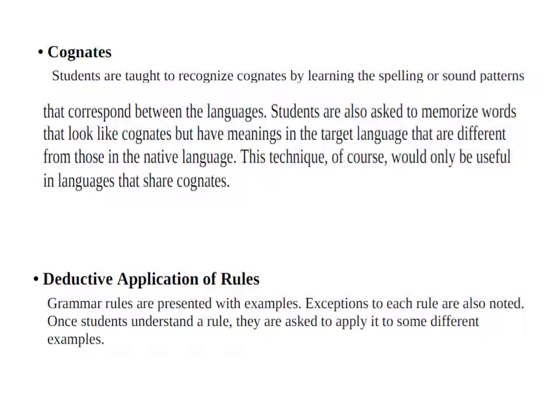Grammar rules are presented with examples. Exceptions to each rule are also noted. Once students understand a rule, they are asked to apply it to some different examples. So first, the students are supposed to understand the rule, to memorize it, and then to apply it to different examples.